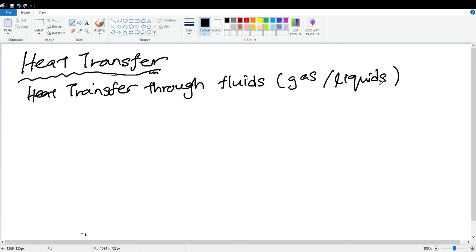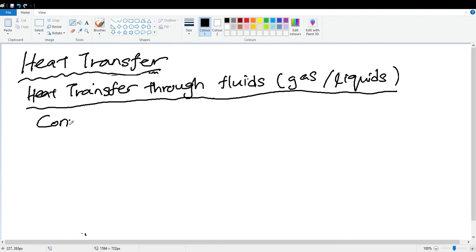Okay, so for the first one, we are going to talk about convection. So what is actually meant by convection?